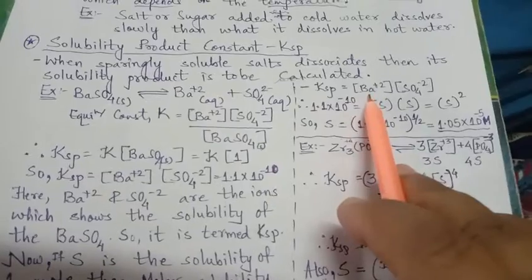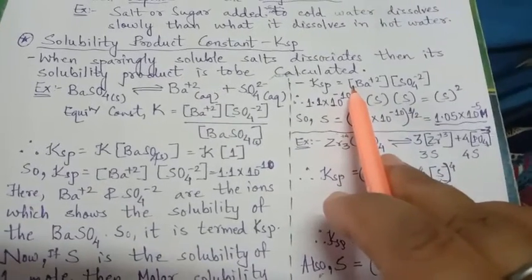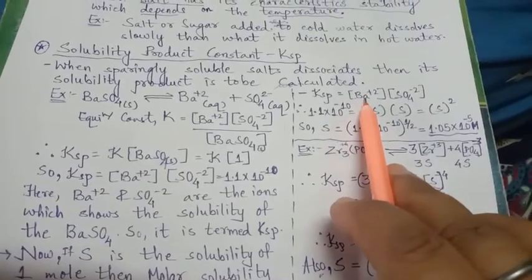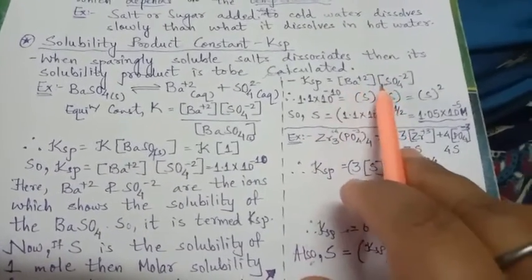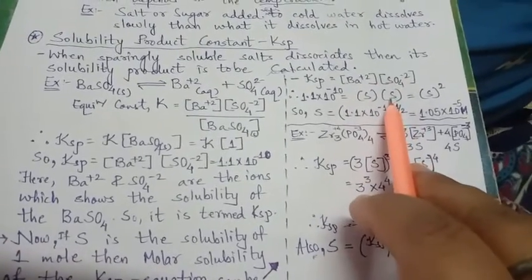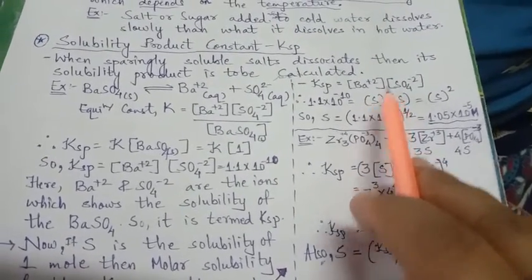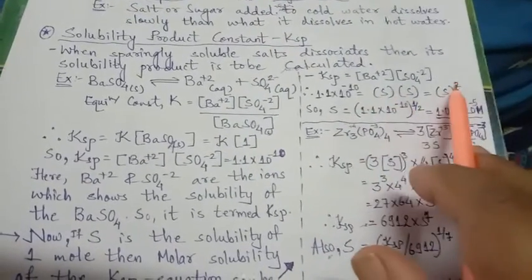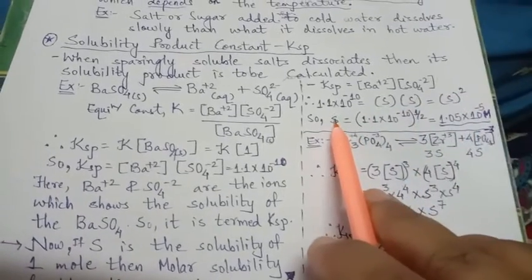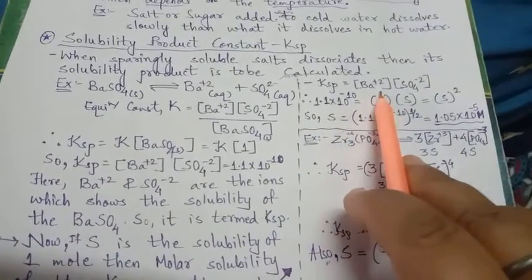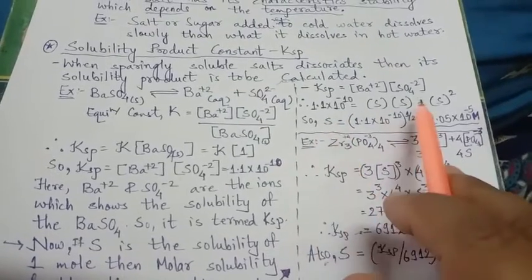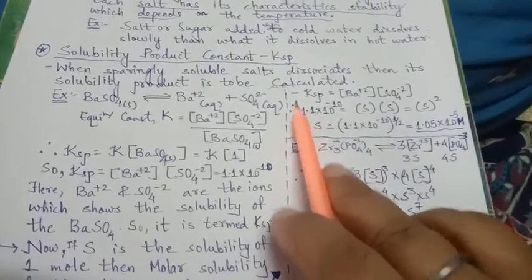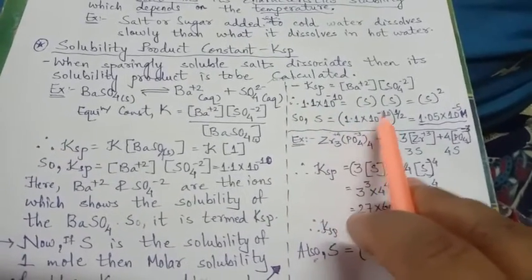Now here you see the coefficient is only 1. So 1S, that means 1 mole of Ba per 1 liter. Here also the coefficient is only 1, so 1 mole of SO4 per 1 liter. That means it stands as 1S, 1S. The product of S into S will give S squared. Now S shows the molar concentration of the respective ion. So S is equal to the square root of 1.1 into 10 raised to minus 10.